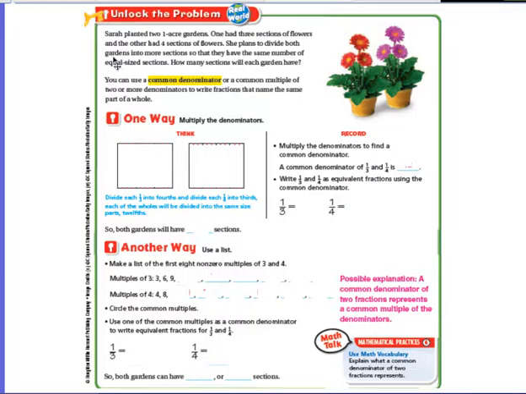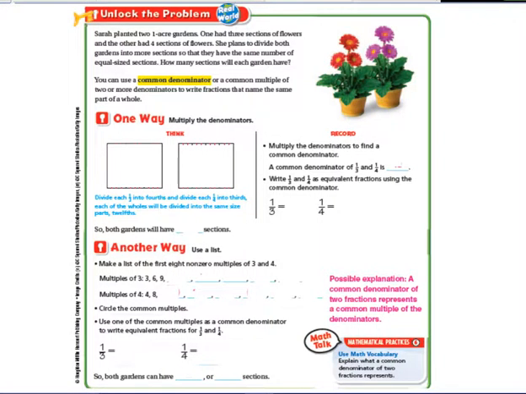The first garden was divided into 4 sections of flowers. So if we look at this, we can divide this equally into those 4 sections, or 3 sections.